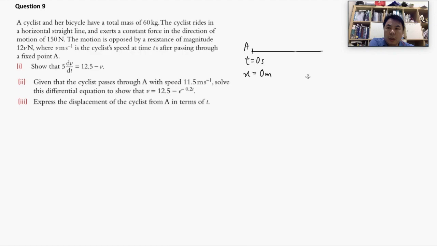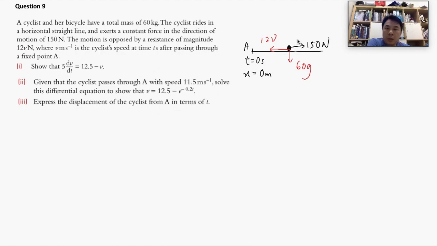The cyclist and the bicycle experience a forward force of 150 Newton, and at the same time there is a resistance of 12V acting in the opposite direction. The mass is 60 kg. Right, now we are good to go.